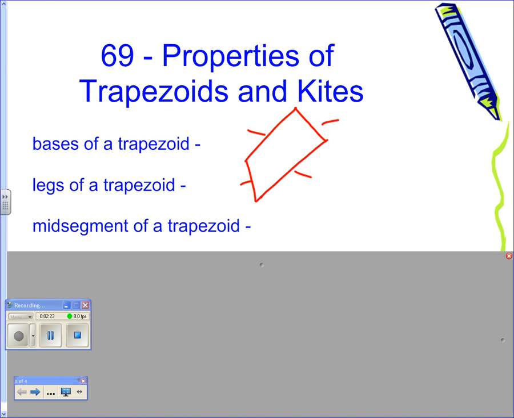Mid-segment of a trapezoid. Have we heard of a mid-segment before? A triangle mid-segment? It's the same concept, just now in a trapezoid instead of a triangle. The segment whose endpoints are the midpoints of the legs of the trapezoid.